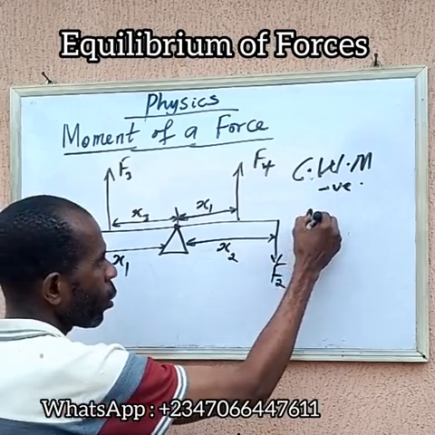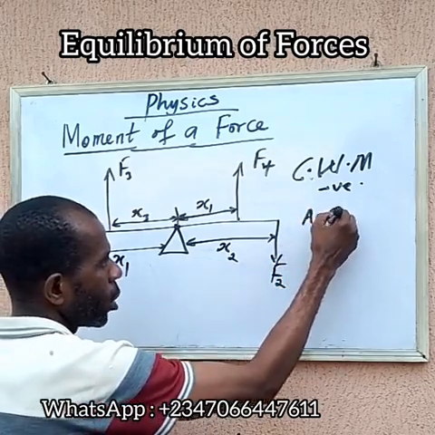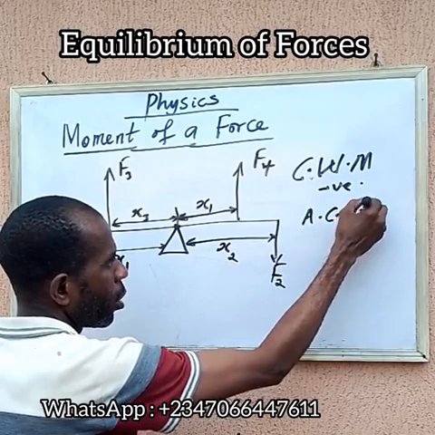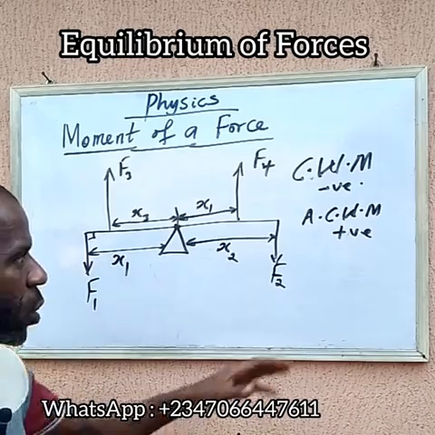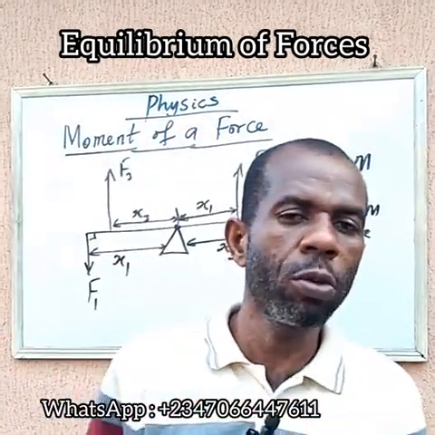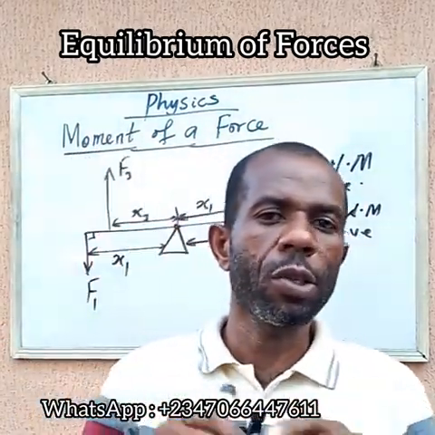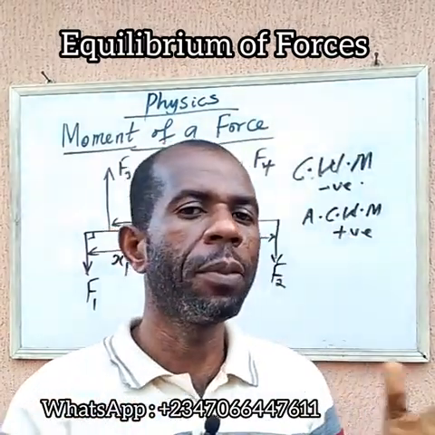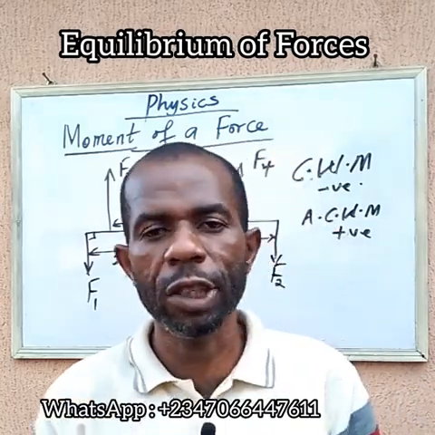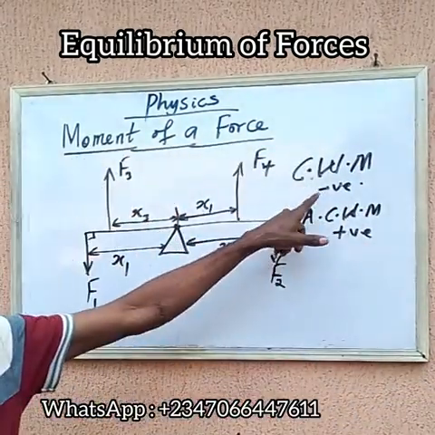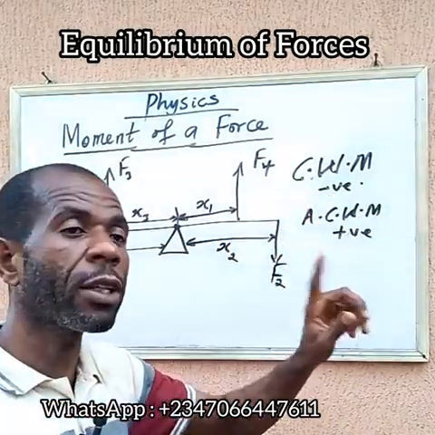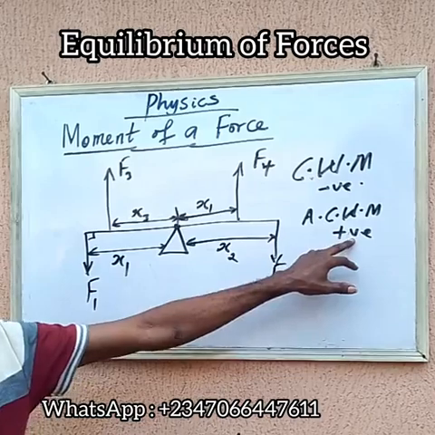Then the anti-clockwise moment is positive, okay? So in case you are asked in your exam, in terms of the turning effect of the force, which of the moments is negative in sign convention or which one is positive, you should know that the clockwise moment carries negative sign convention. And this one is positive.